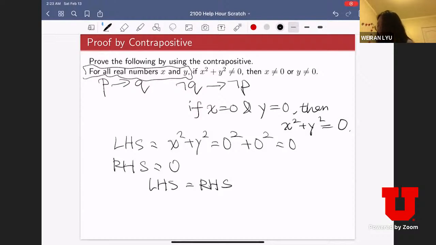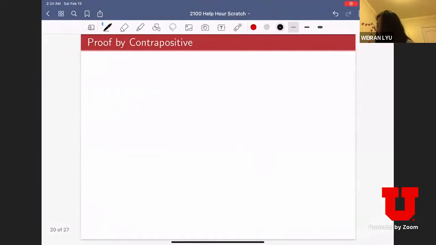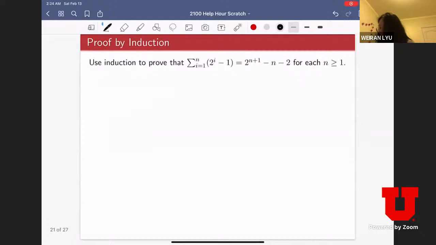All right. Let's move on to another induction problem. So right here you have a summation, and then you want to show that these two formulas are equivalent for each n greater than or equal to 1.